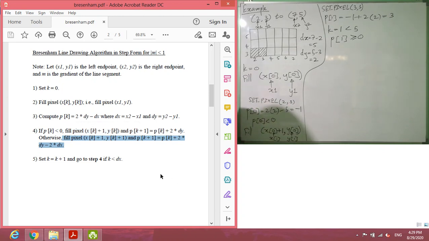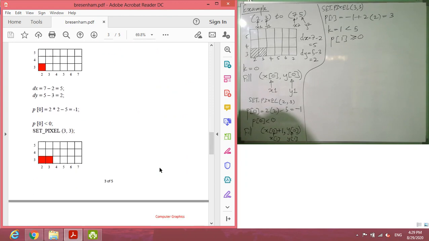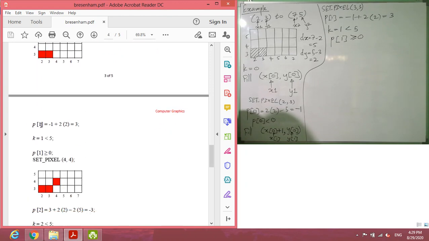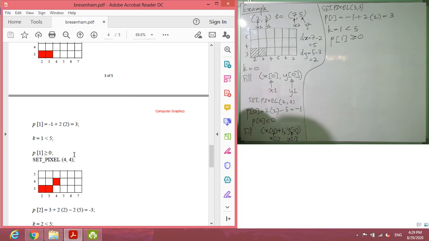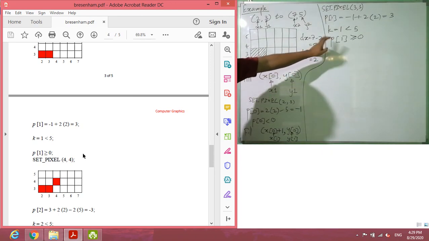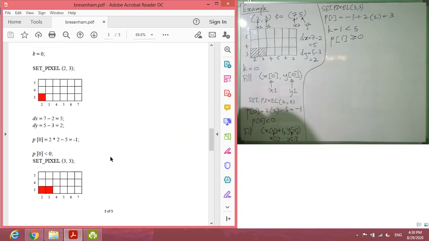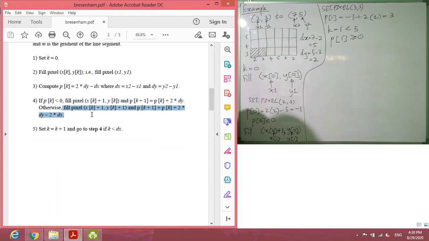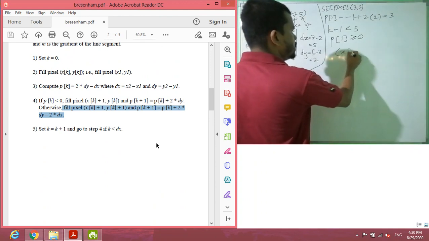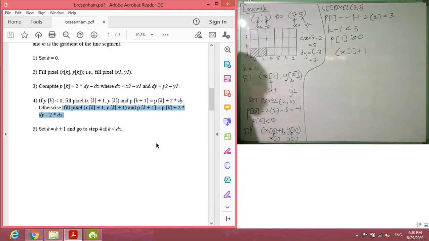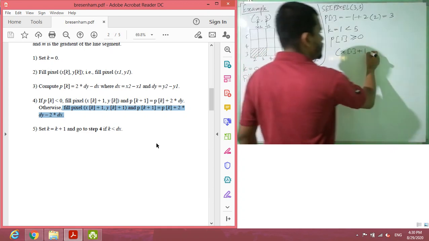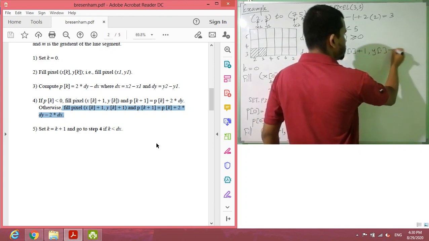After we computed P1, then P1 is greater than or equal to 0, and therefore we have to execute xk plus 1. Xk plus 1 means x1 plus 1, and yk plus 1, y1 plus 1.